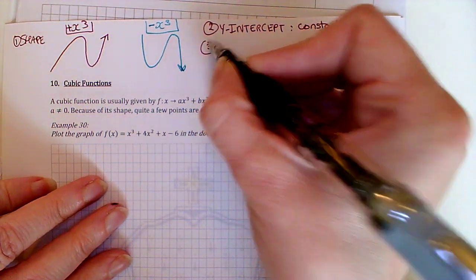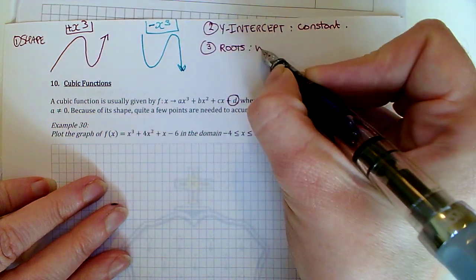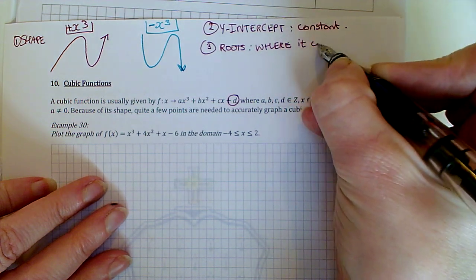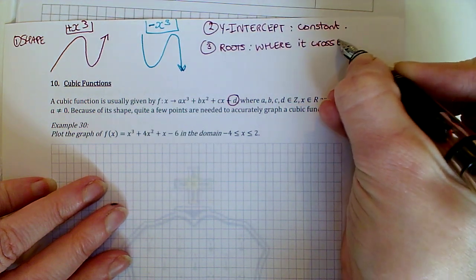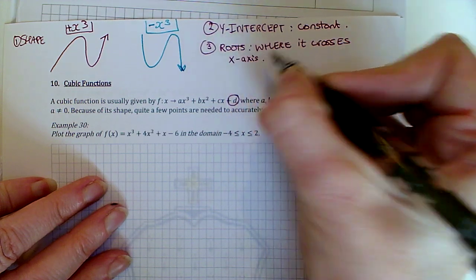And in general, you probably want to find the roots. So the roots are where it crosses the x-axis.